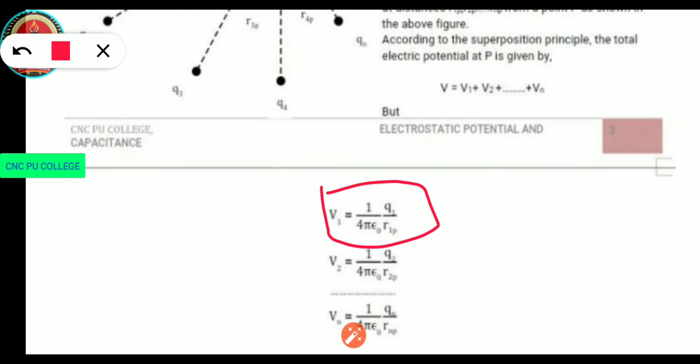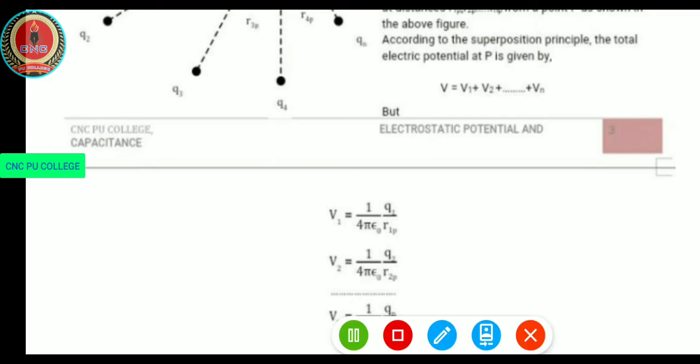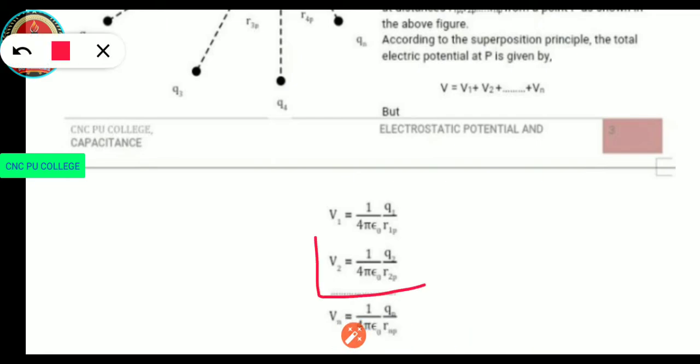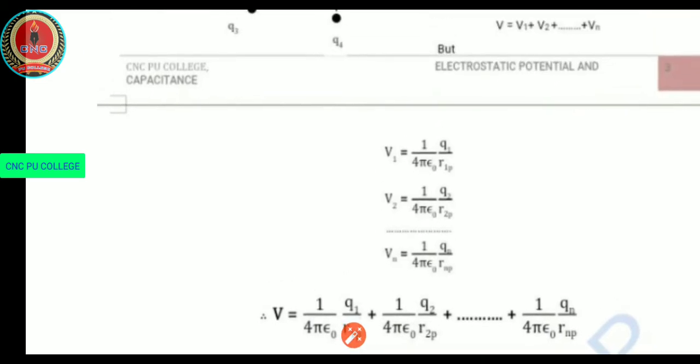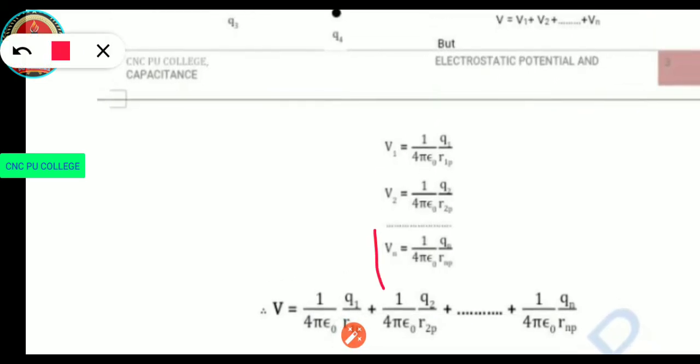Similarly, V2 equals 1 by 4 pi epsilon naught Q2 by R2P, the potential due to the second charge, and so on. We can have the expression for potential due to the nth charge, Vn equals 1 by 4 pi epsilon naught Qn divided by RnP.